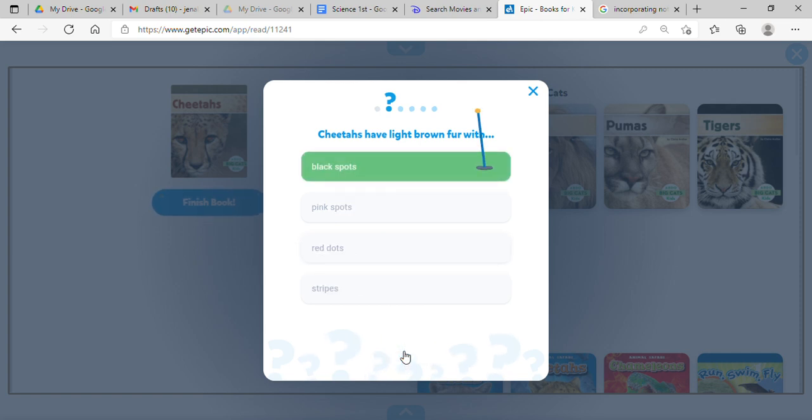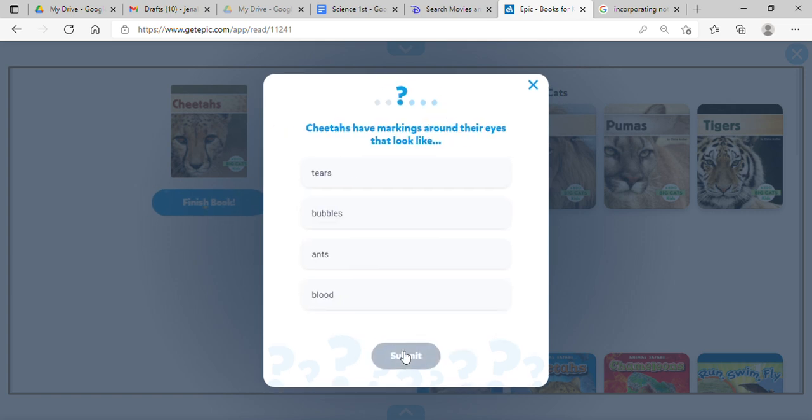Good job. Cheetahs have markings around their eyes that look like tears, bubbles, ants, or blood. Great job. Yeah, that's pretty good.